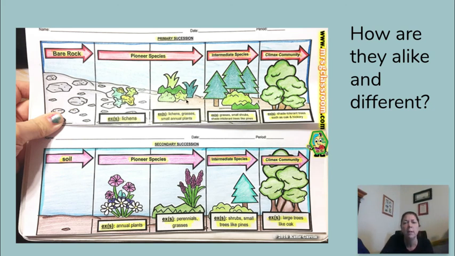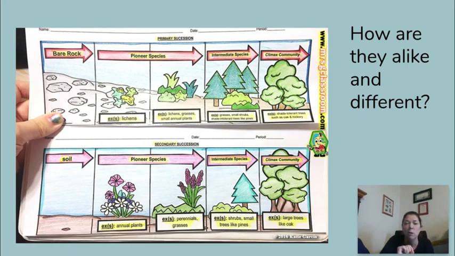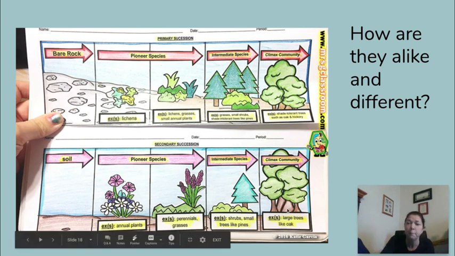You get small plants, which will eventually lead to a climax community. Again, here's secondary. You already have soil, so your pioneer species are going to be more like flowers and grass. Again, the similarity between the two, though, is that they are both changes over time and that their goal is to end with a healthy, stable environment.